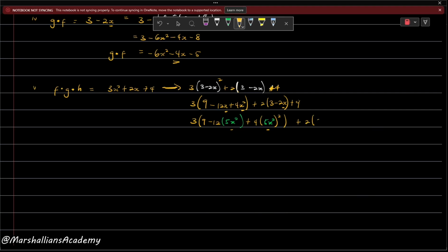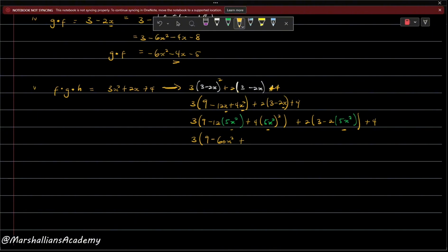Plus 2 into brackets 3 minus 2. What is our x? Replace x with 5x squared. Are we together? Plus 4. Now let's open the entire bracket once and for all. Let's do the interior first. 3 into bracket 9 minus 12 times 5 is 60x squared.